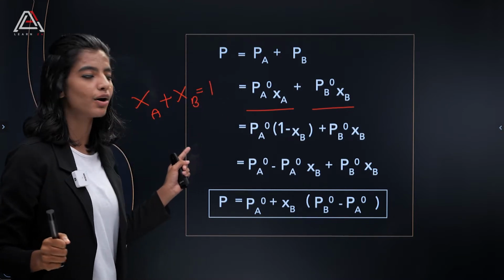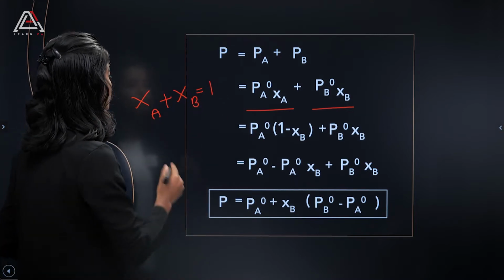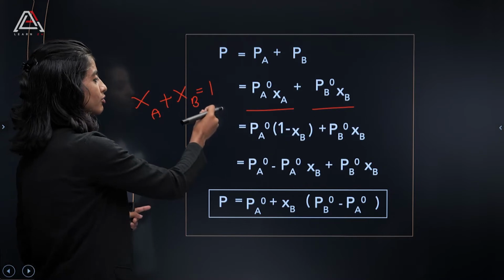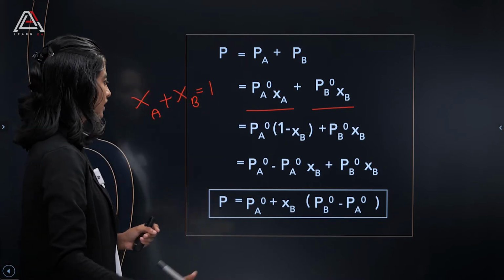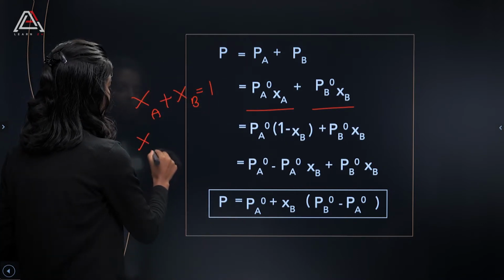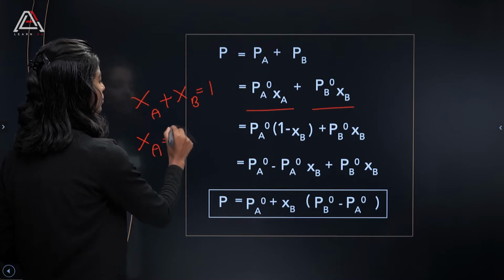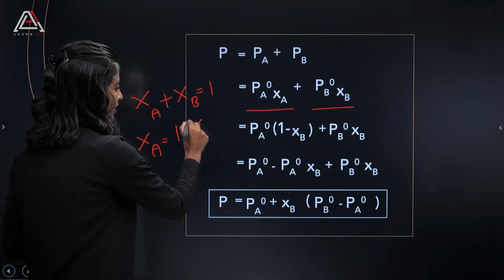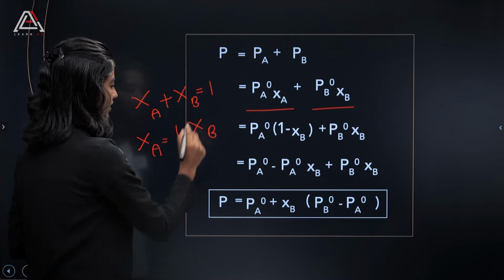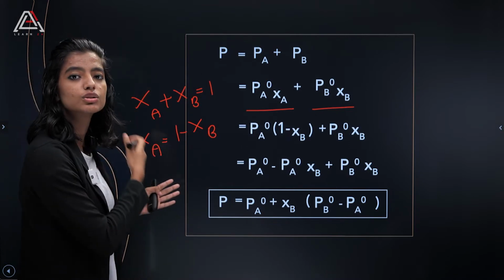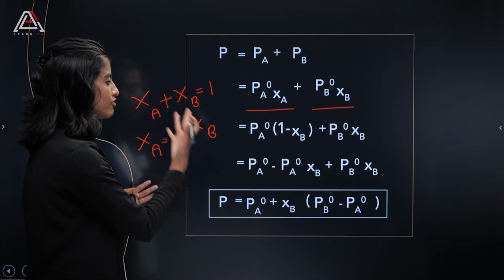Don't forget this point, it is so important. So I can write the mole fraction of A is equal to 1 minus the mole fraction of B.